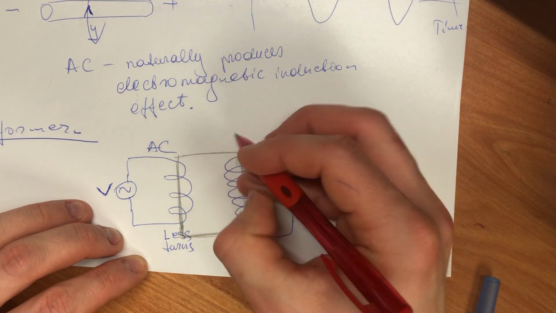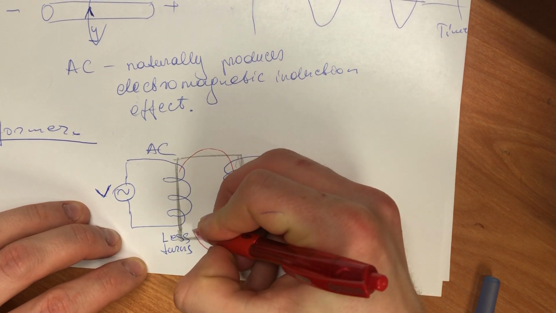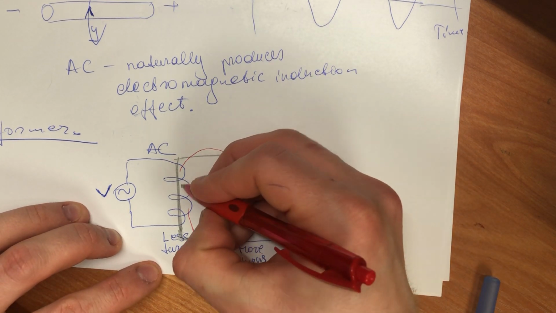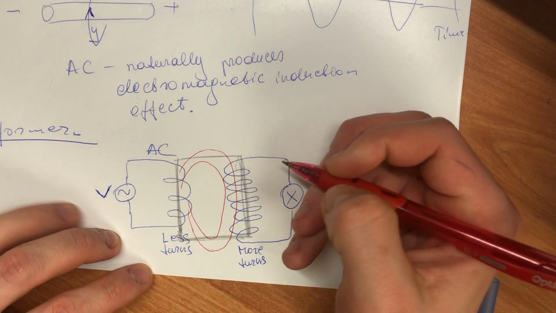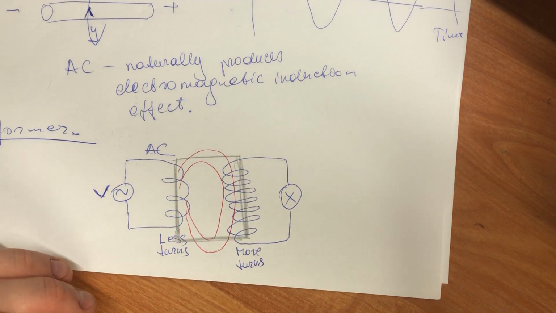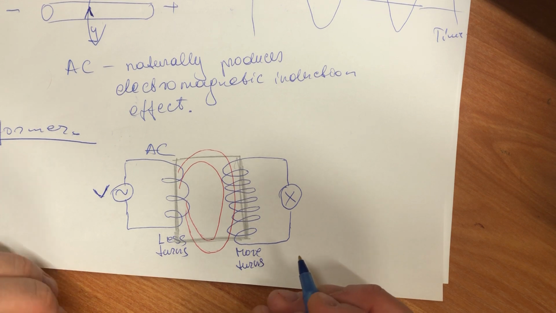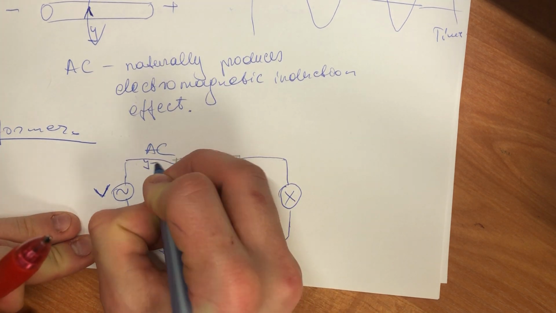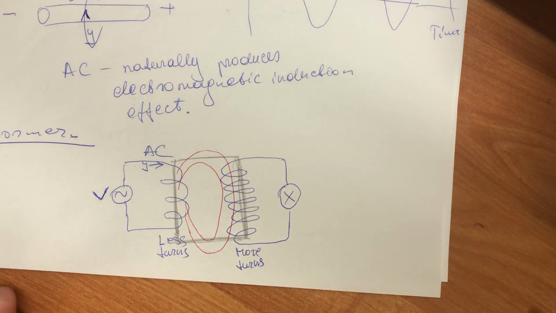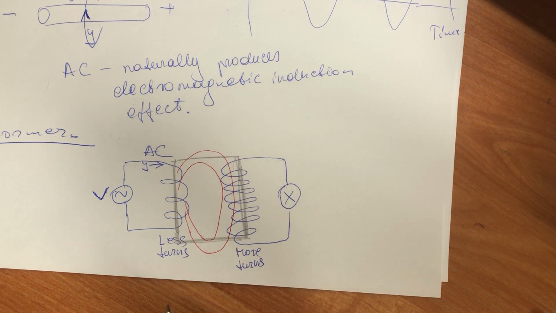So imagine that this would be the magnetic field of a solenoid, and when this current is flowing in this direction, it produces a magnetic field.